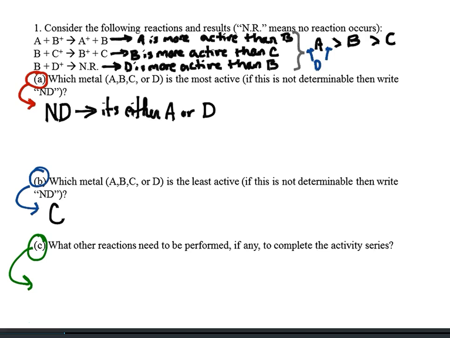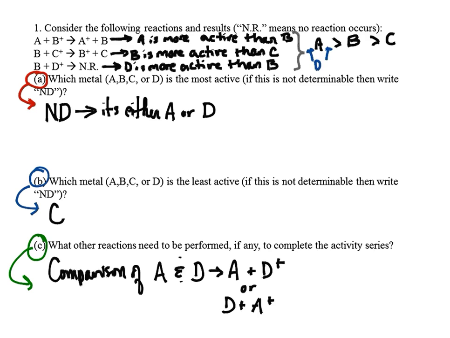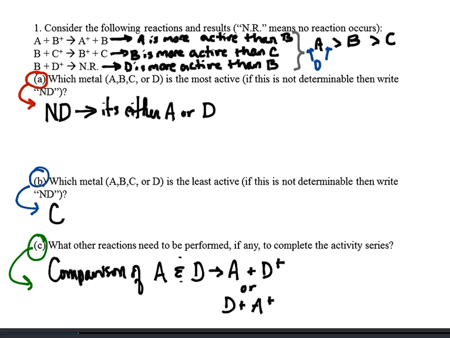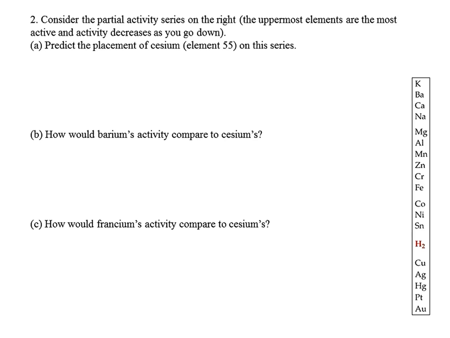And so if D metal does react with A plus cation, that means that D is more active than A, because you know the reverse reaction would not occur. You could do either reaction, and that would give you the answer.